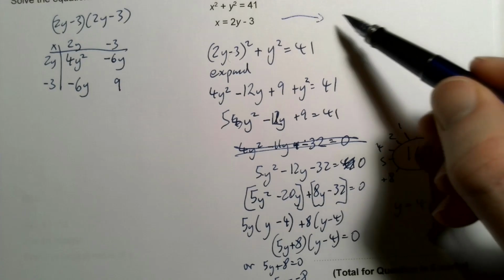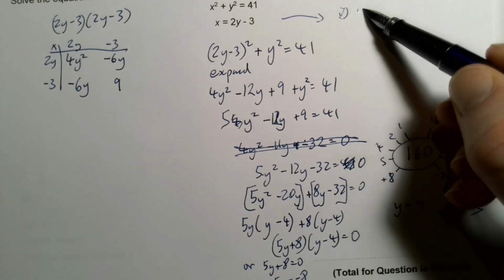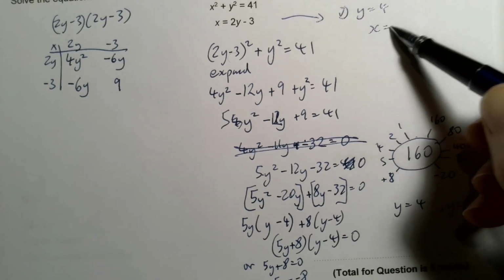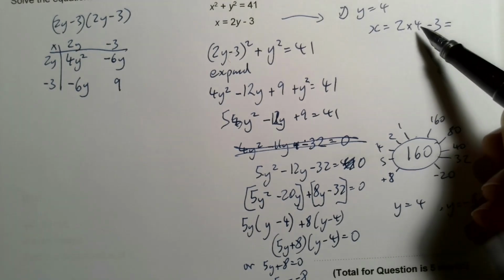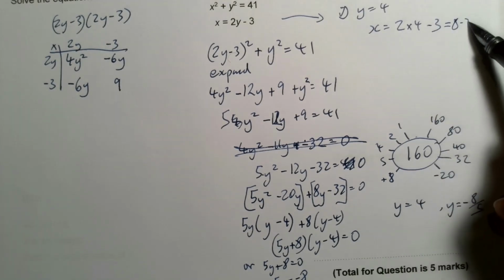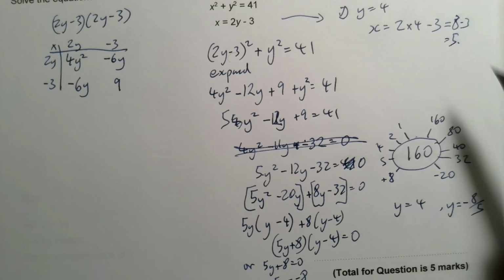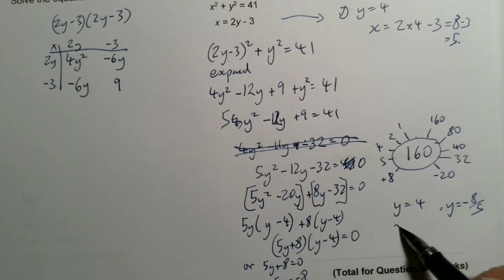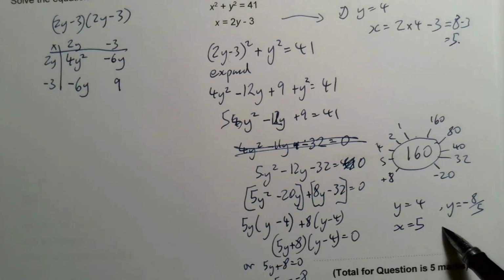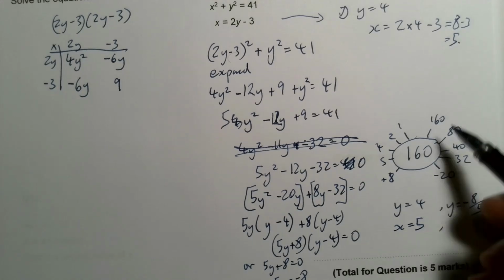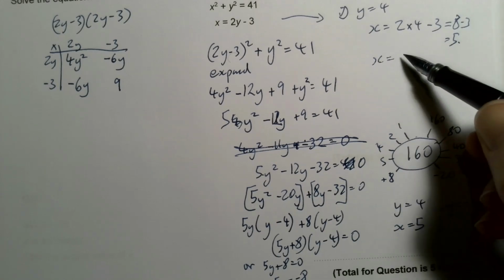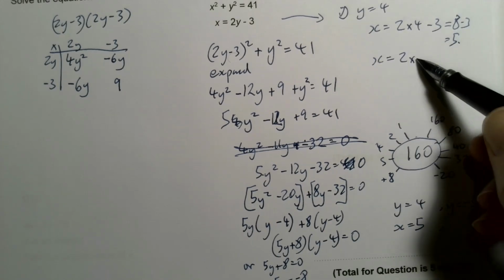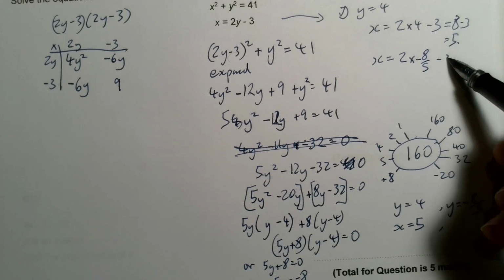So if y equals 4, x equals 2 times 4, take 3. So that's 8 take 3, which is 5. So x equals 5. And then we also put that one in. So x is going to be 2 times negative 8 over 5, take 3.